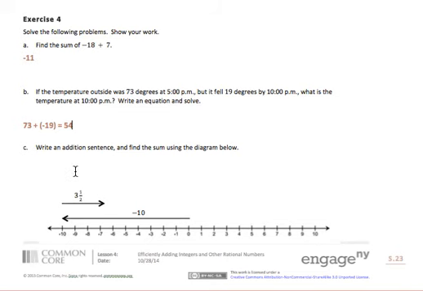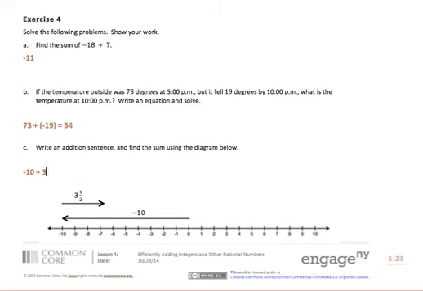In question 3, you're going to write the addition sentence and find the sum using the diagram. Based on the diagram, we can see that we are adding numbers with opposite signs. And our first number, which is closer to the number line, is negative 10. Then we'll be adding 3 1/2. And 3 1/2, since our arrow is pointing to the right, would be a positive number.